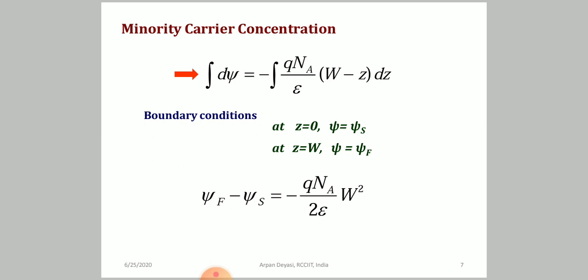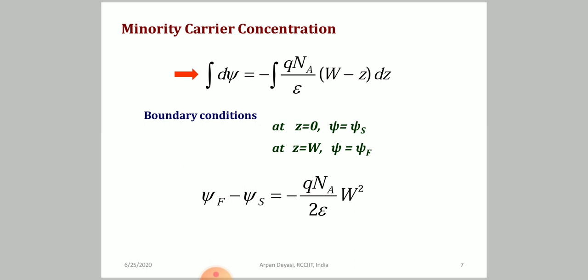And at Z equals W, where your minority carrier concentration ends, naturally it will be Fermi, because at that point the intrinsic and extrinsic Fermi levels start to become parallel. So it's the beginning of the bulk, and it will be the Fermi potential. So I have put those boundary conditions. So Fermi minus surface is this value.